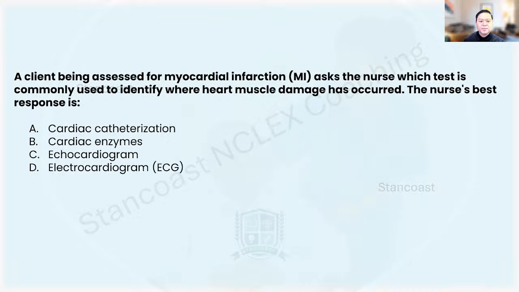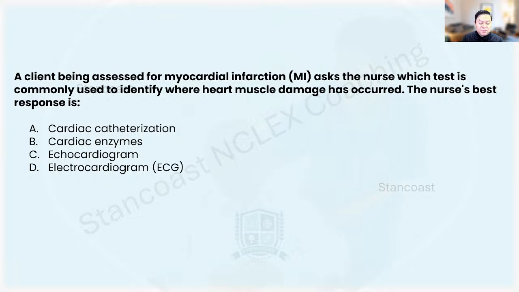Question number 3. A client being assessed for myocardial infarction asks the nurse which test is commonly used to identify where heart muscle damage has occurred.